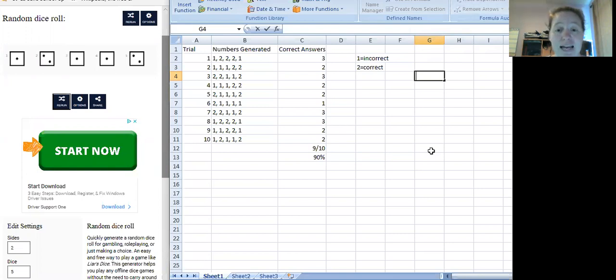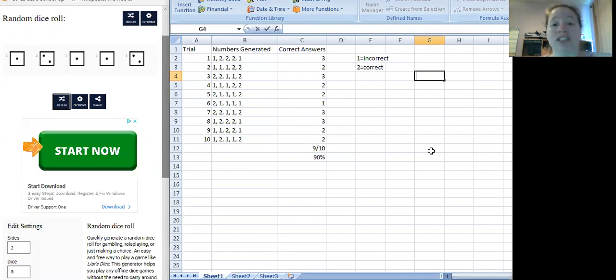That's not even passing. 3 divided by 5, which looks like the best that you could possibly hope for, is 60%.